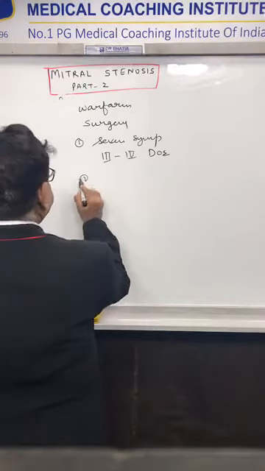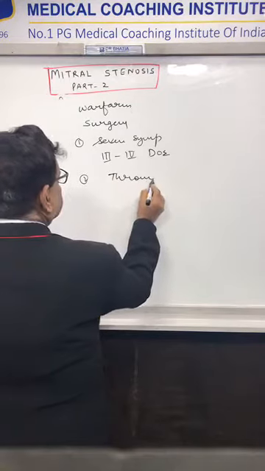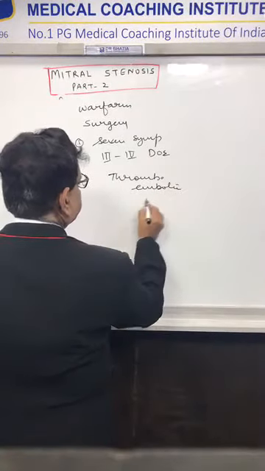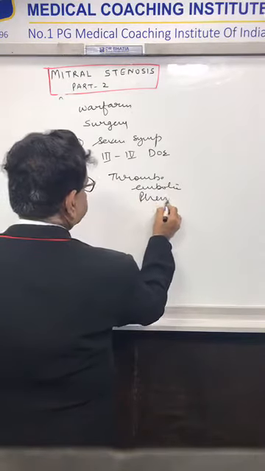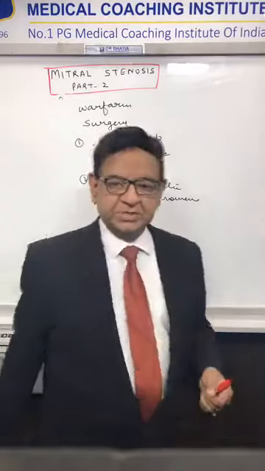The second indication is that the patient has recurrent thromboembolic phenomena. There are 2 indications of surgery.